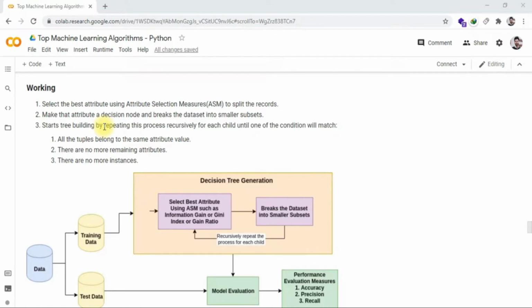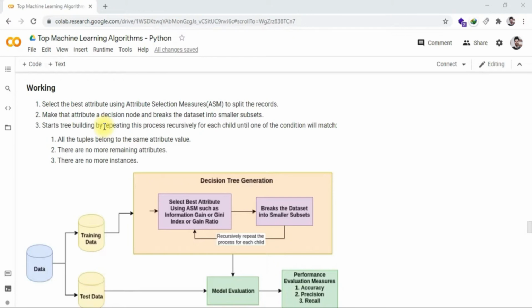We will discuss the attribute measures in our next videos. Then it makes that attribute a decision node and breaks the dataset into smaller subsets. Then it starts tree building by repeating the process for each child node until a condition is met.